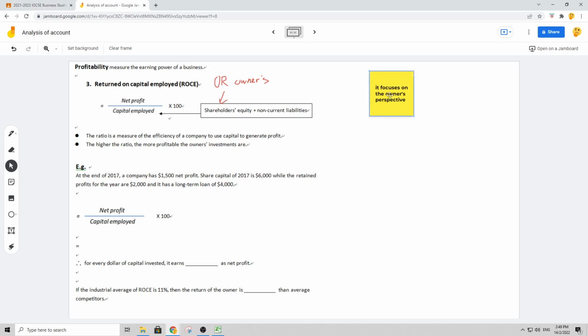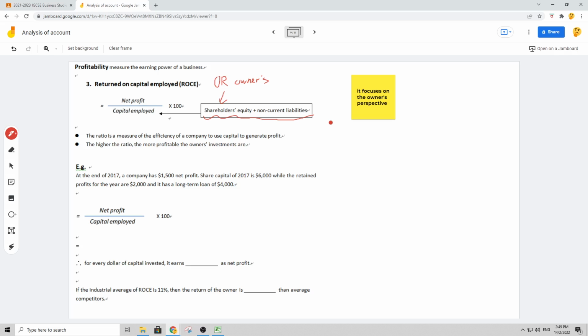So when you look at the equation, you're using the net profit over the capital employed, because capital employed is basically how much you have invested in the business for the long-term operations.